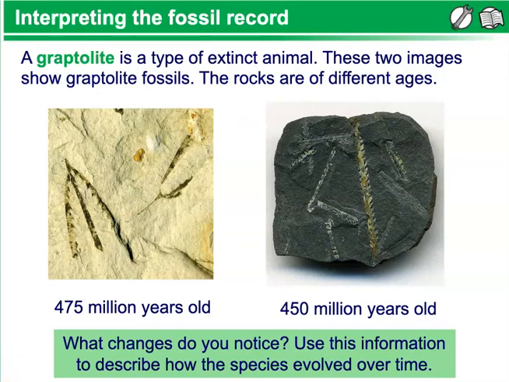The older fossil shows graptolites with multiple stipes and downward pointing theca, whereas the later fossil shows graptolites with only one stipe and upward pointing theca.